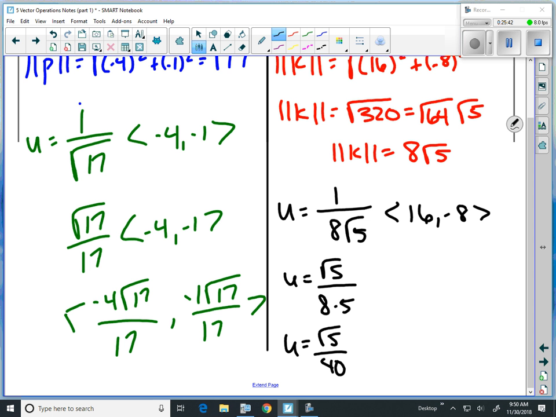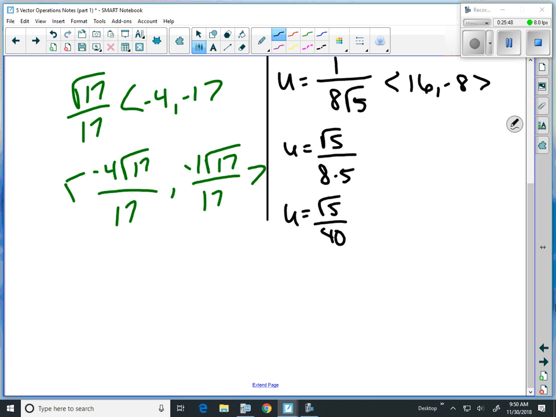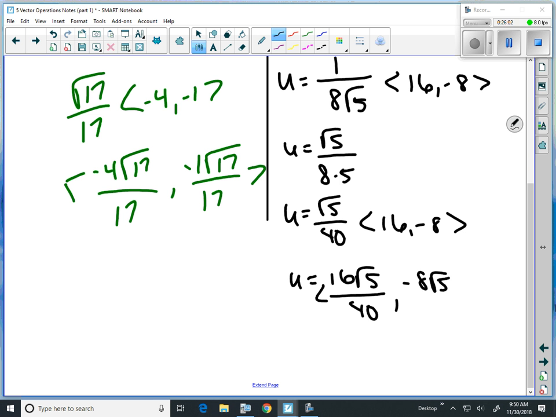We're still working. This is a long one. So we still have our vector here. Now we can multiply, finally. So we end up with 16 radical 5 over 40 and negative 8 radical 5 over 40.